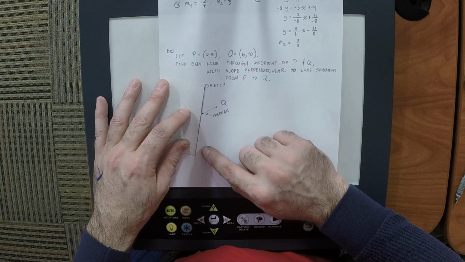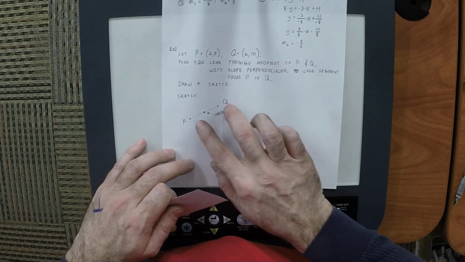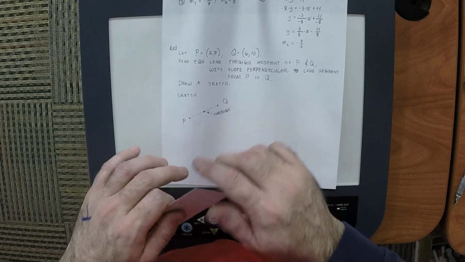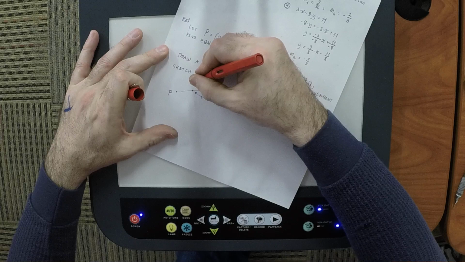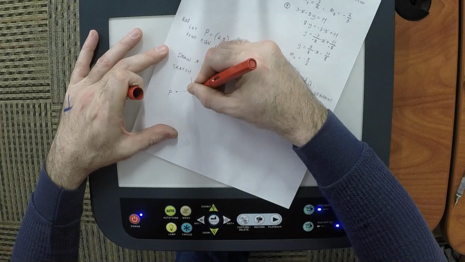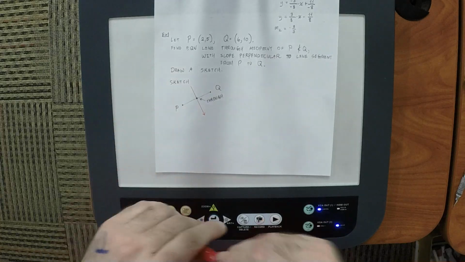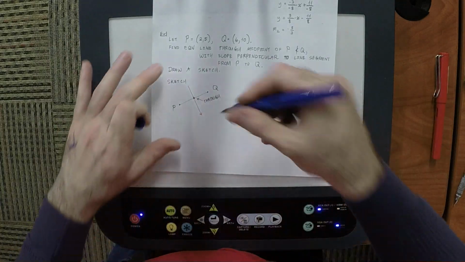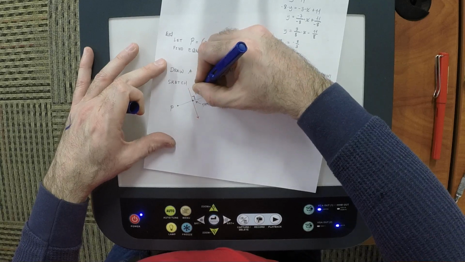No? Okay. What needs to be true about the one we're looking for? Yeah, it has to be perpendicular to this segment. So the line that we're looking for is this red line, like so, and it needs to be perpendicular to the line segment.